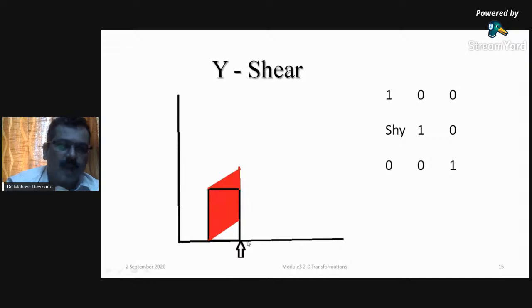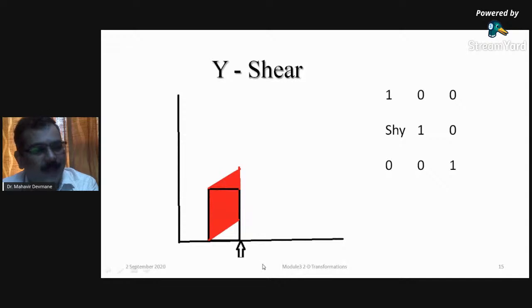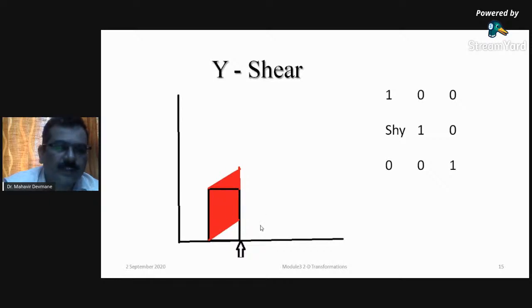After applying this force, this particular bottom point reaches to this, right? The pink diagram shows how the original object will look after the distortion, after applying this SHY, the shear force in the y direction.